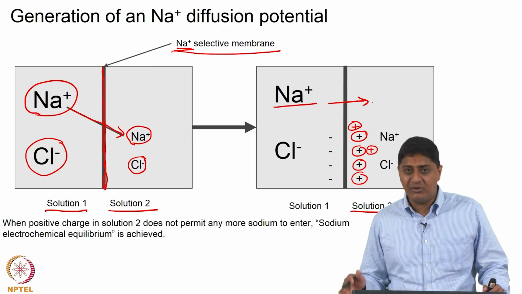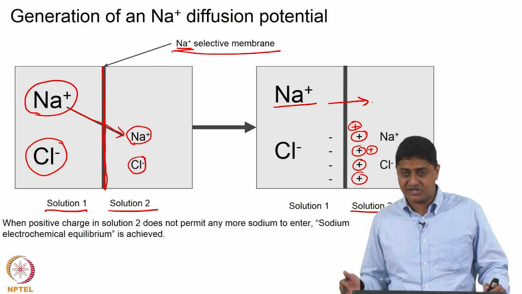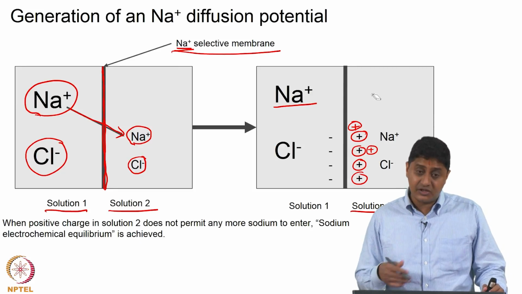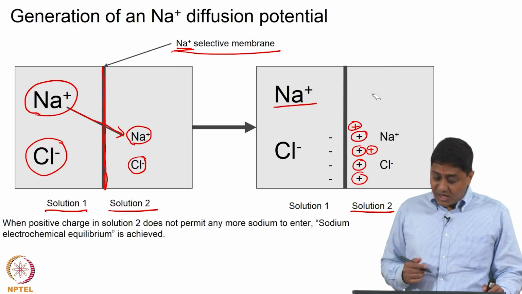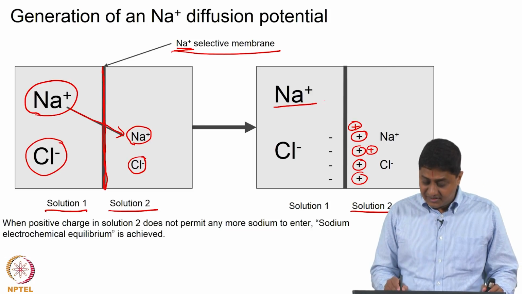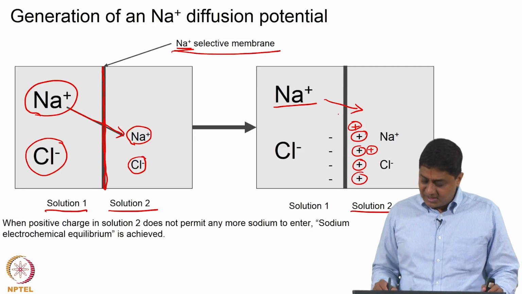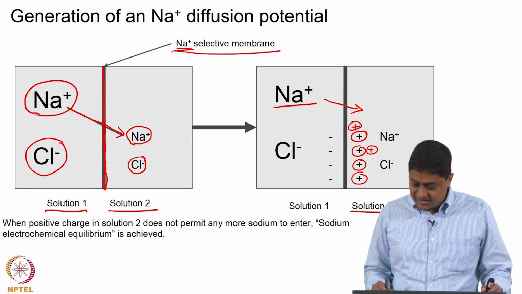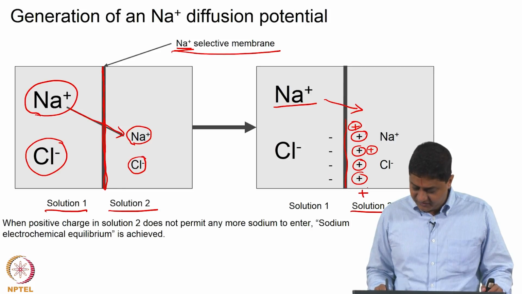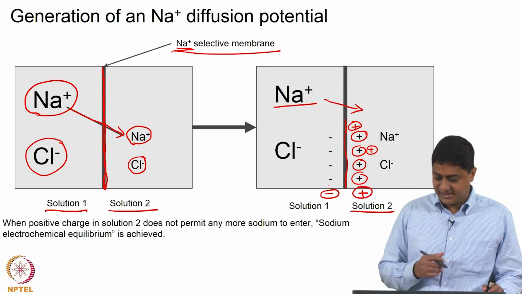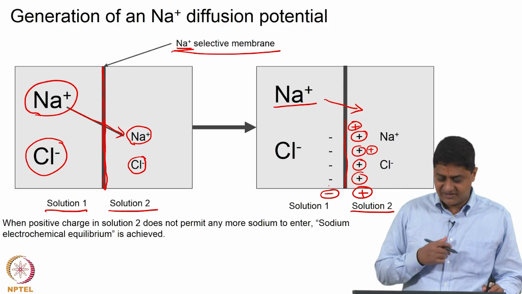So, it will not build any charge separation between the two sides. However, since sodium is an electrolyte, an ion, the transport of sodium across the semi-permeable membrane builds this charge separation. On one side you have positivity, on the other side you have negativity. So, what this creates is a potential gradient, a potential is developed.